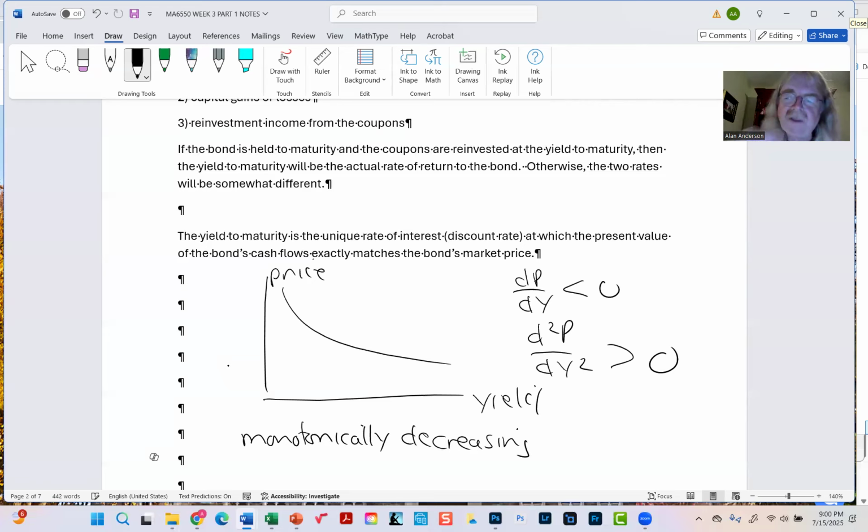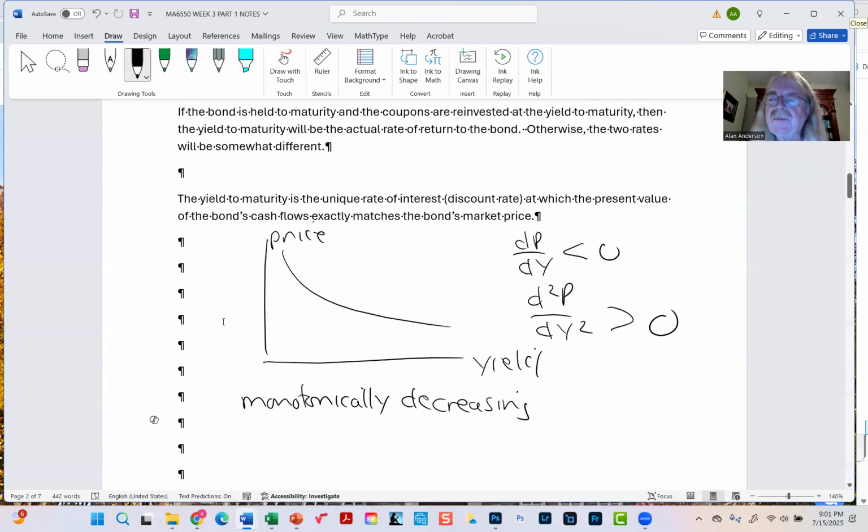Notice there can't be any points along that curve where an increase in yield raises the price. That it's not mathematically possible. All right. So the function is monotonically decreasing, which implies the existence of an inverse.